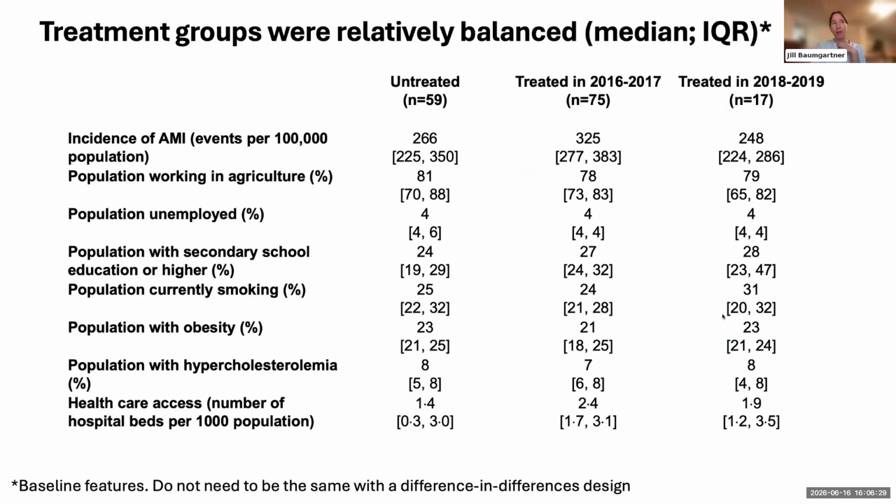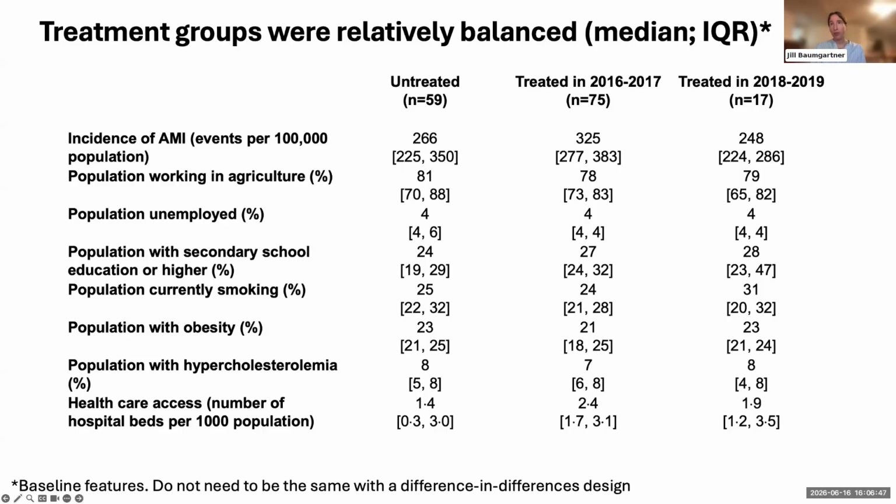So again, I'm not going to go through all of the differences between our policy exposed and policy unexposed groups, but here Beijing is huge, right? There's millions and millions of people in Beijing, but our unit of analysis is the township.